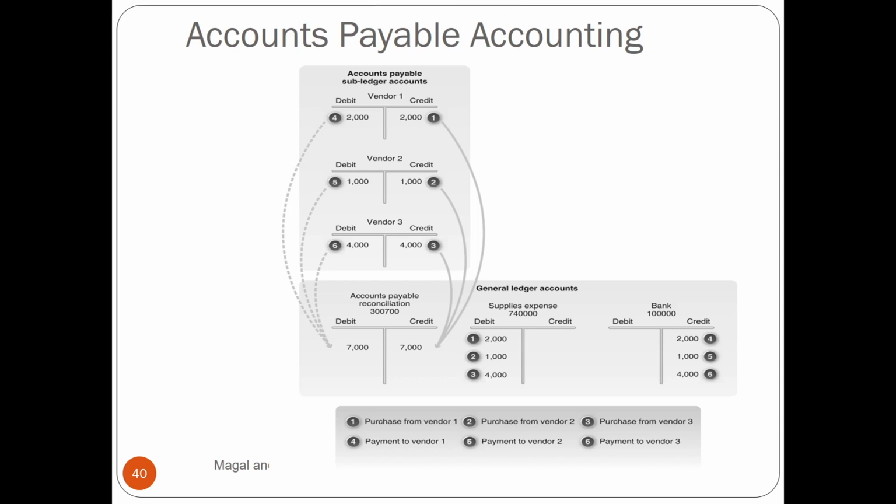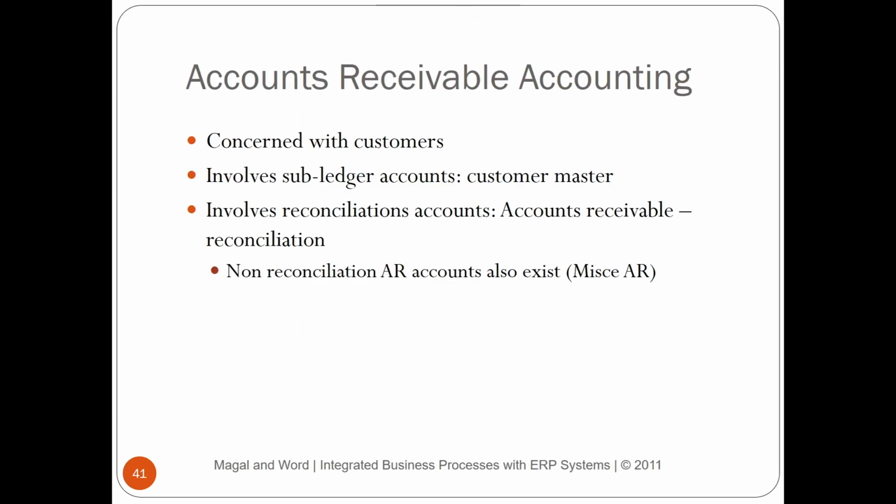And the payments recorded in those steps result in the credit posting to the bank account and the debit posting to the appropriate vendor account. And again, these debit postings are also automatically made to the reconciliation account, accounts payable reconciliation.